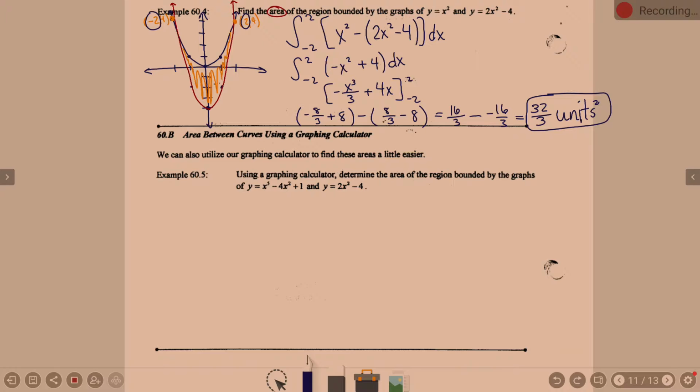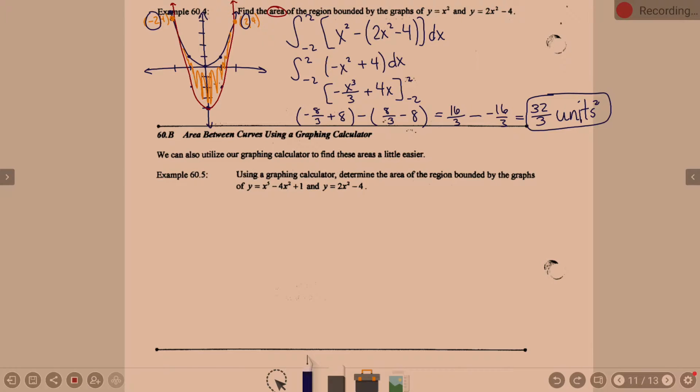What's the last one say? Utilizing the graphing calculator to find these areas is a little easier. This one, well, I probably shouldn't say it's impossible to do, but our intersection points are not going to be nice, neat, whole numbers. So let's graph them.